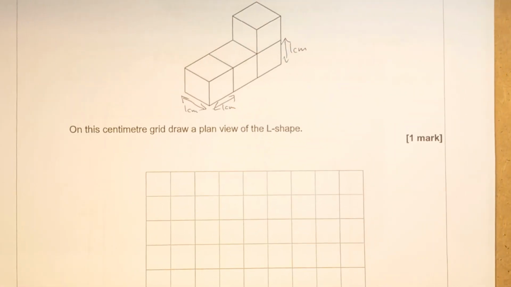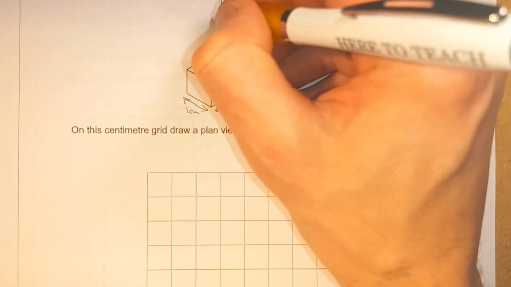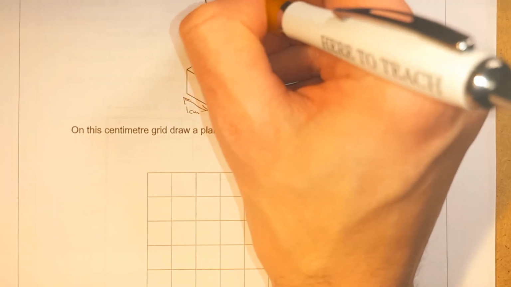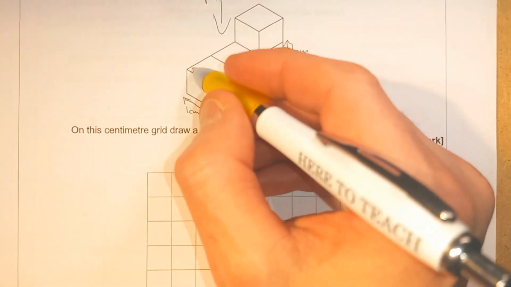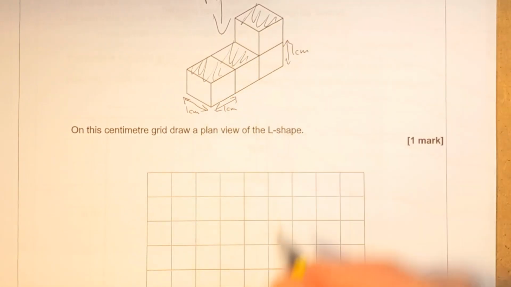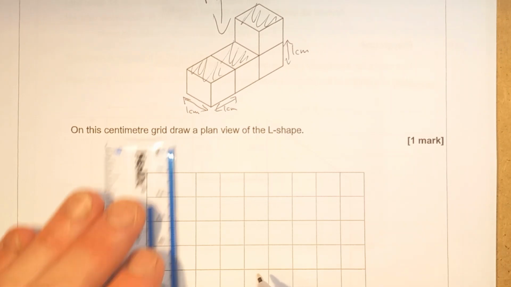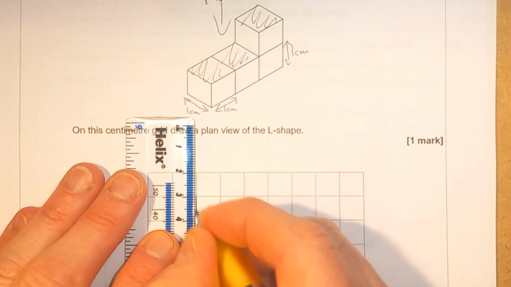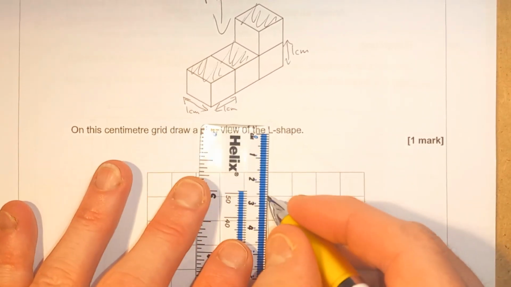Right, well, a plan view means looking straight down on it, like bird's eye view. So if we're looking down on this, we're going to see the top of this one, top of this one, top of that one. So that's all we're going to get. 1, 2, 3.